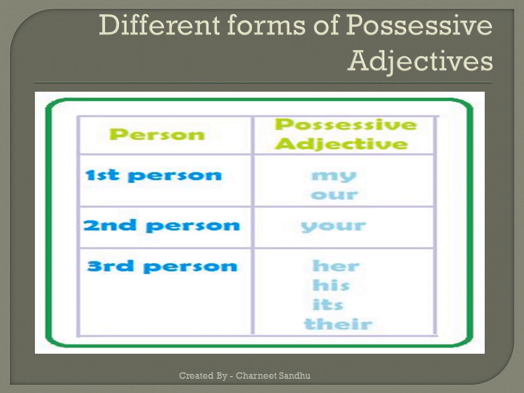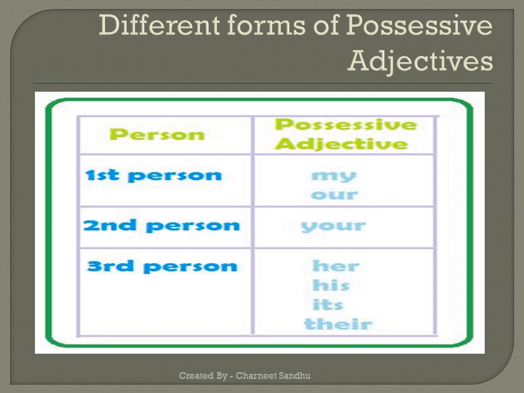However, the possessive adjective my is for singular, while the possessive adjective our is for plural ones. Let's move on to the second person, your. The second person possessive adjective your can be used for both male and female owners, and also for both singular as well as plural.